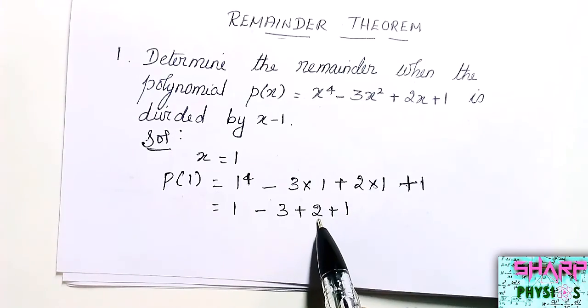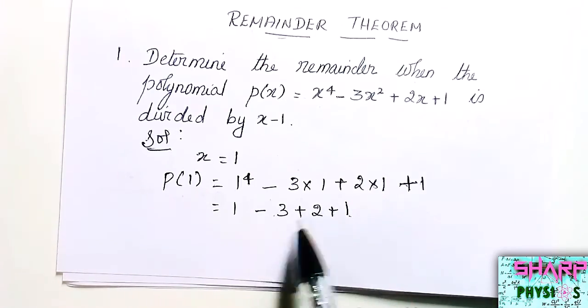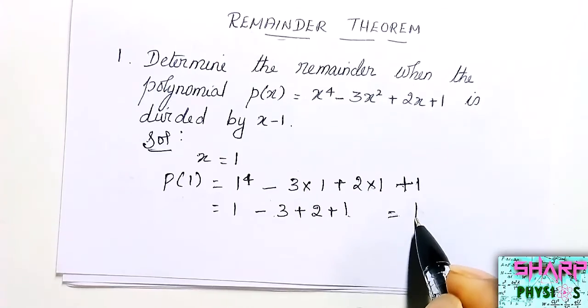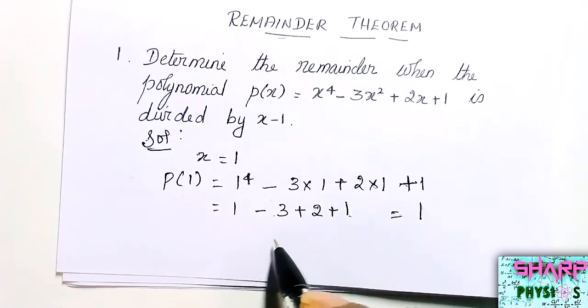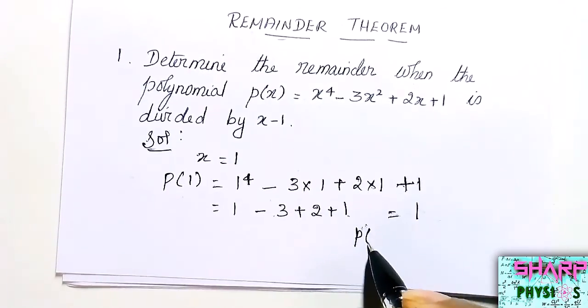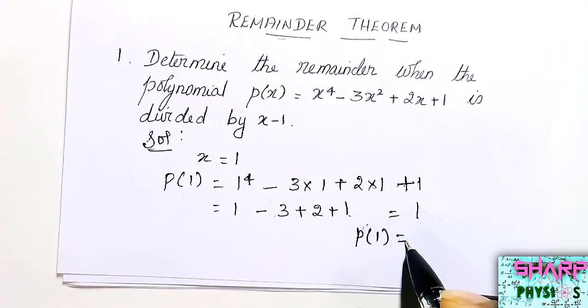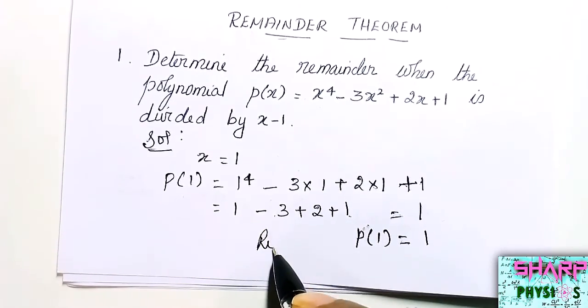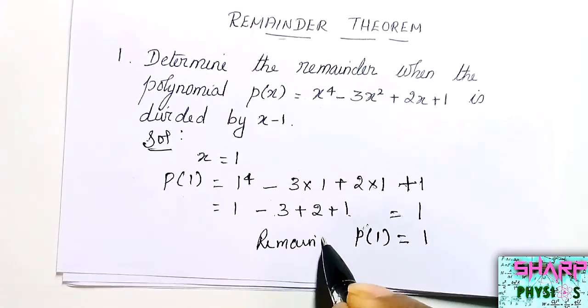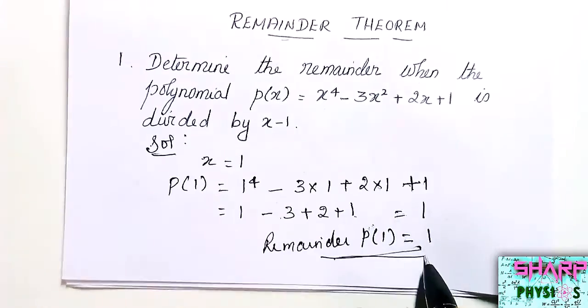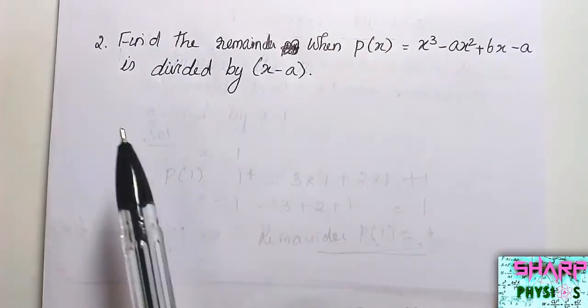So when you do the minus 3 and this 3, they will get cancelled, so you will get an answer 1. So the remainder, p of 1, is equal to 1. Remainder of p of 1 is equal to 1. So we will see the second problem.